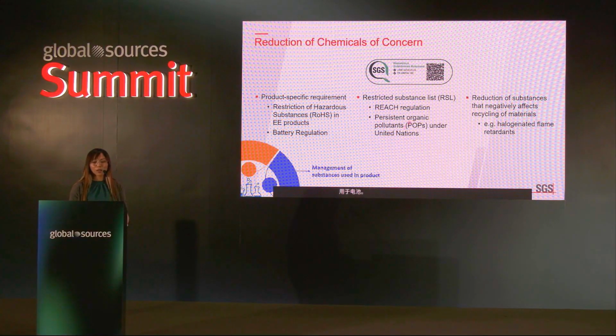There are also other chemical management restrictions for all products, such as the REACH Annex 17 regulation in the EU. And we also have the persistent organic pollutant chemicals, the POPs regulation, under the United Nations framework called the Stockholm Convention. In addition, some substances that could negatively impact the recycling of material are also restricted for some product categories.